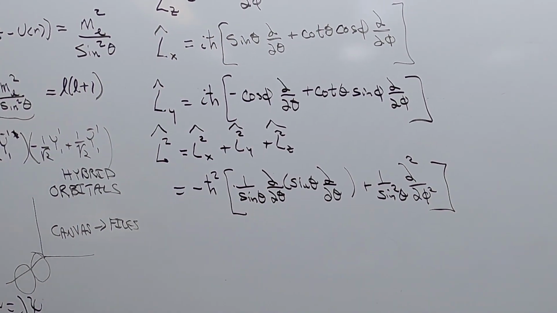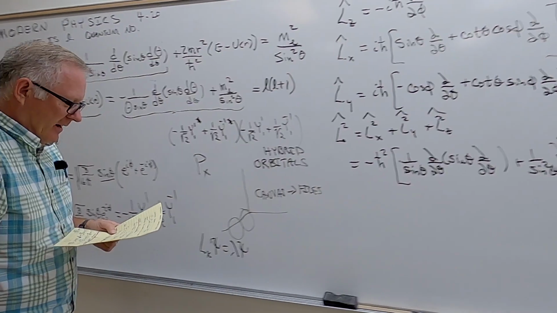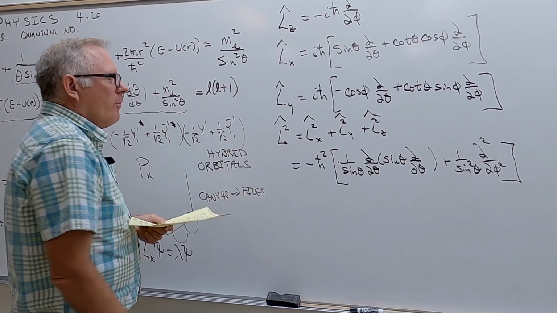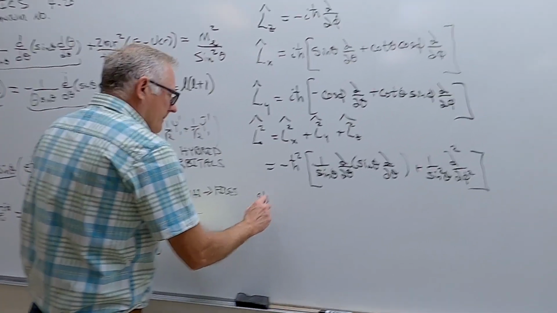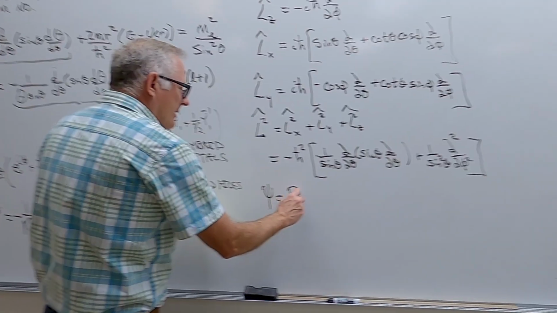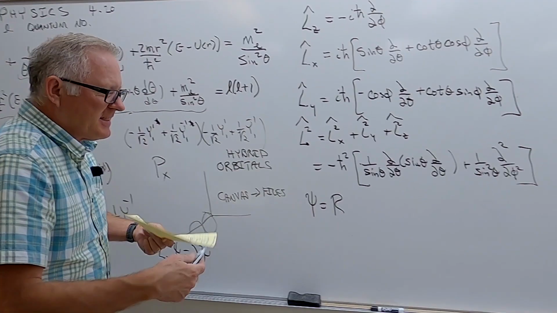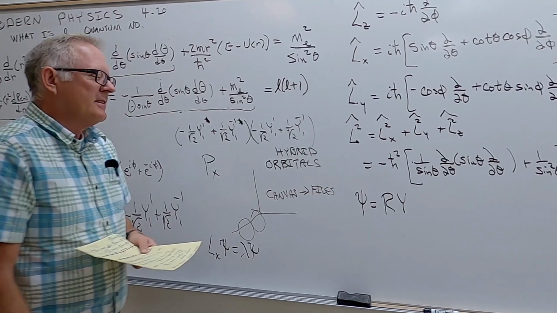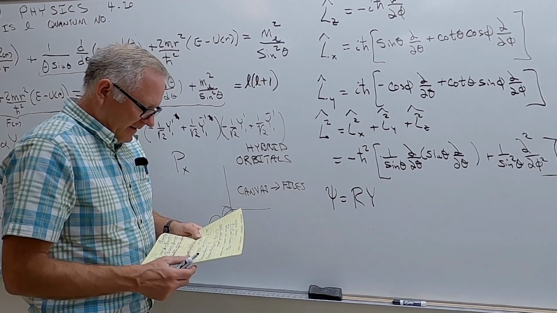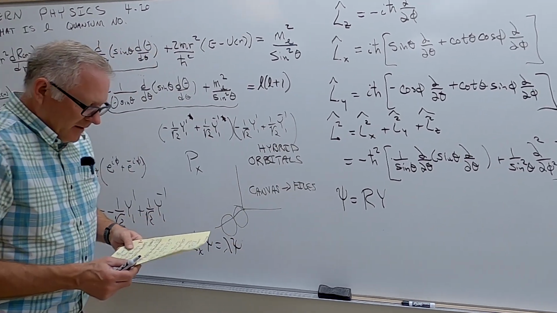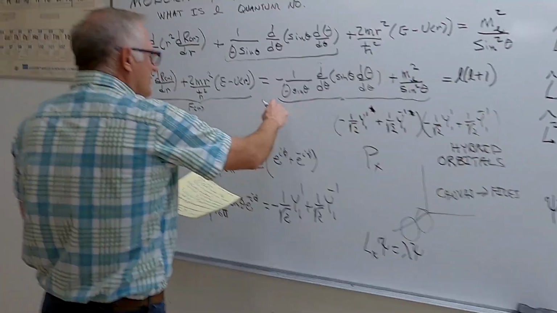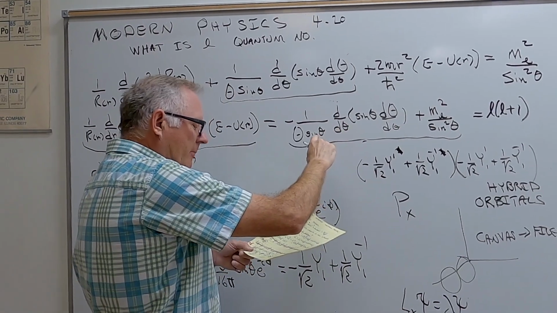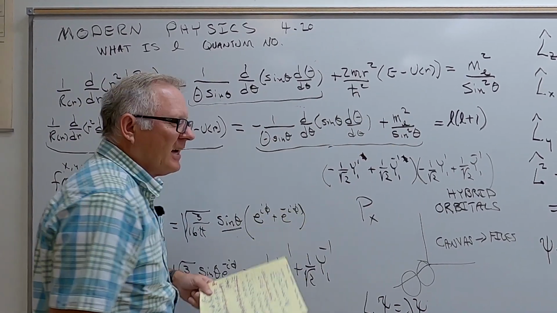You might say, well, that doesn't look nice, but it really isn't so bad right here, because remember my wave function, psi, we said it was r and then theta and phi, but the theta and phi's are just the Y's. So there's my psi right there. Now, you notice we have this differential equation right here. Remember, we put this thing all on the other side.